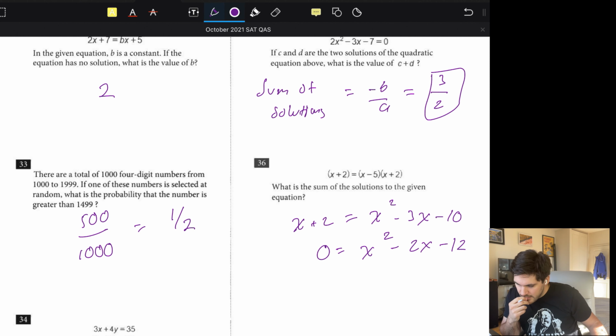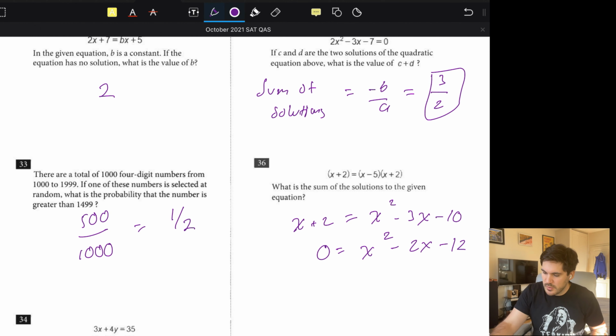Hold on. x squared plus 2x minus 5x minus 10. Then minus, here's where I messed up. This should have been minus 4x. There we go. Now the sum, again, is going to be negative b over a. So this is going to be 4 over 1, so this equals 4.